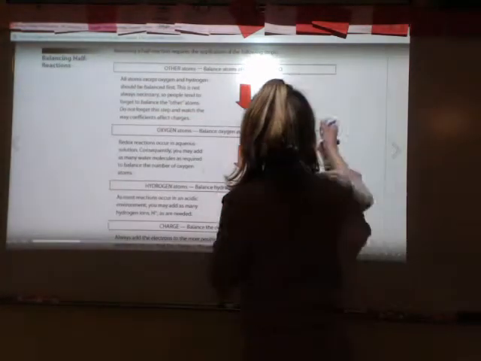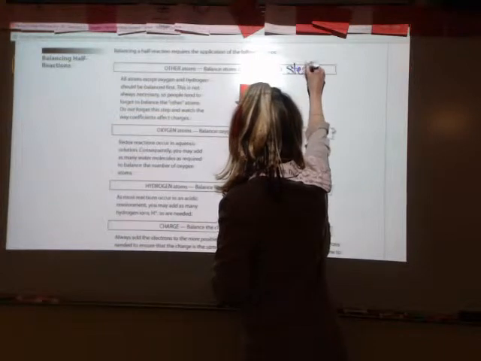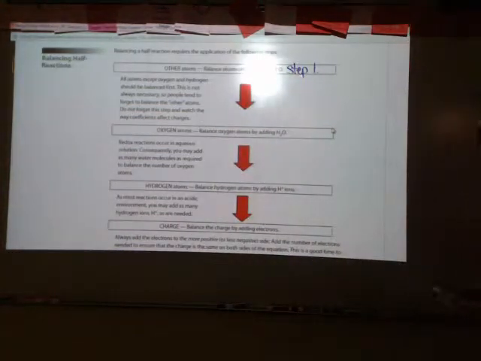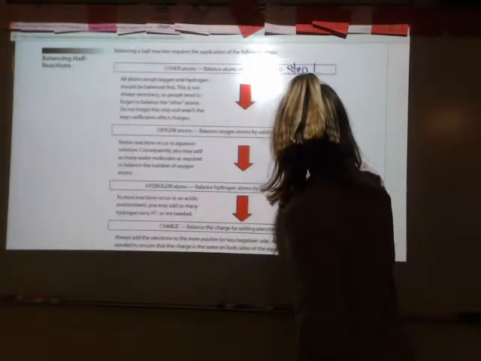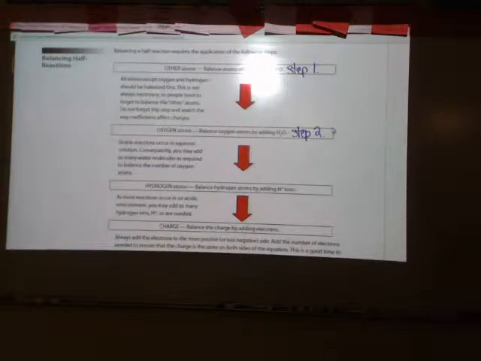The first step in balancing is to balance the atoms other than hydrogen and oxygen, and we will do that with coefficients. Step number 2 will be balancing the oxygen atoms by adding water.